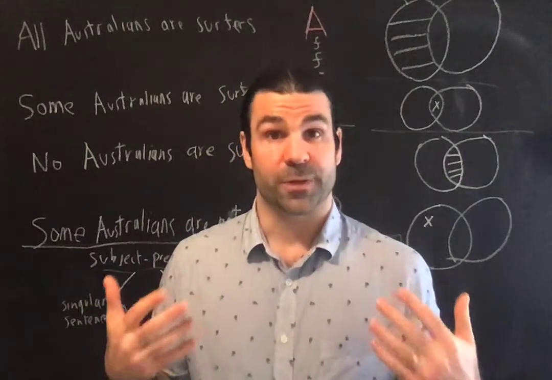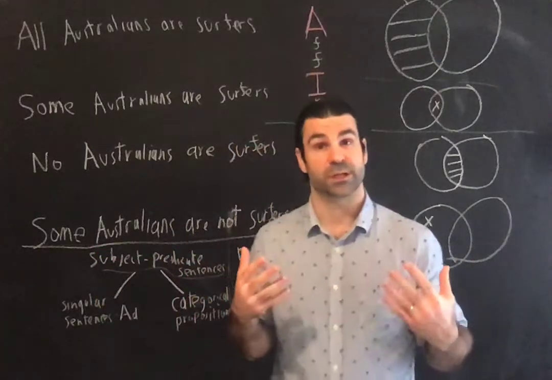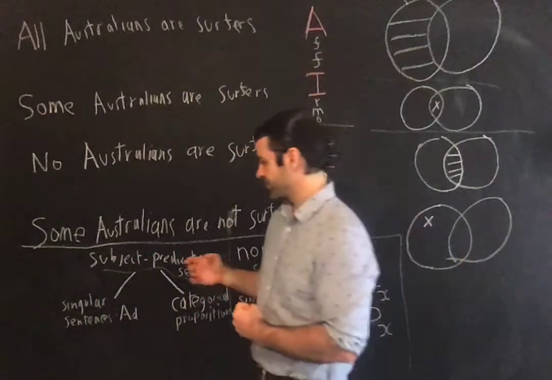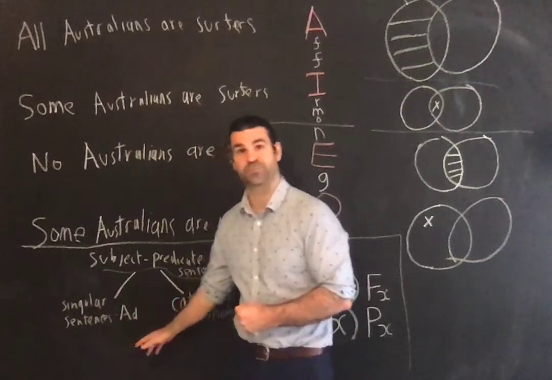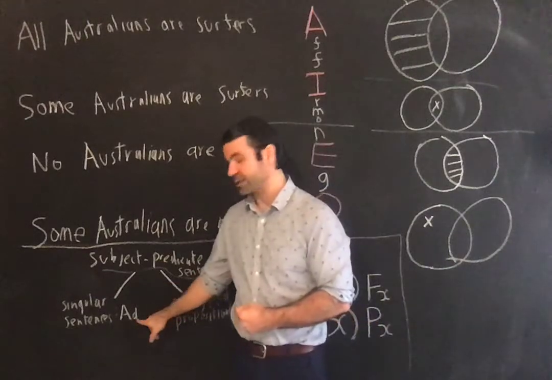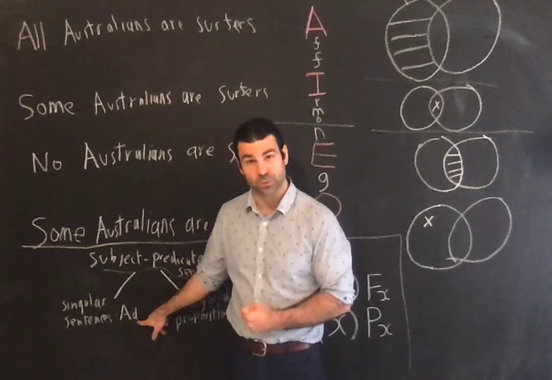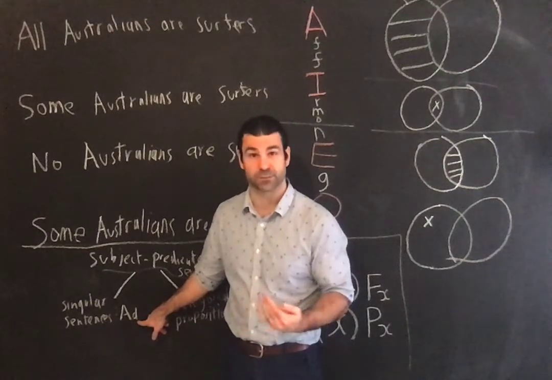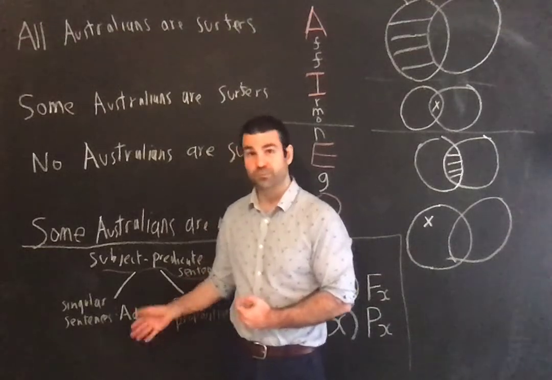And we came to think of the singular sentence, Dan is Australian, as a substitution instance of that propositional function. Ax was the propositional function, x is Australian, and the symbolization of Dan is Australian was replacing the individual variable x with the individual constant d, d for Dan. So this would say Dan is Australian, right?